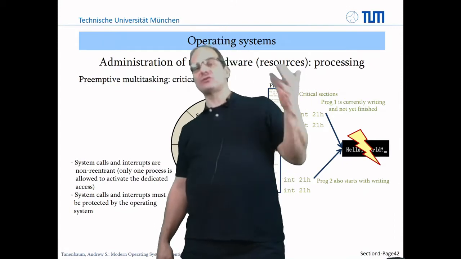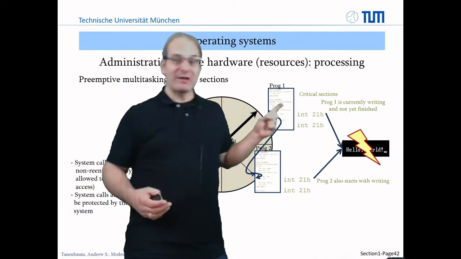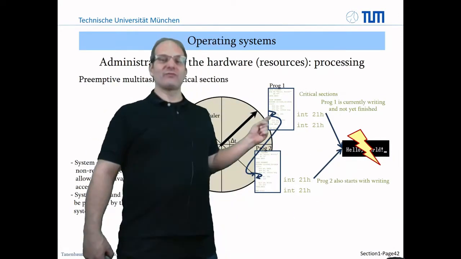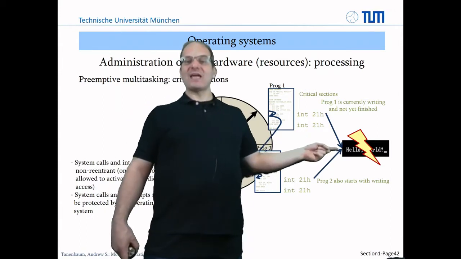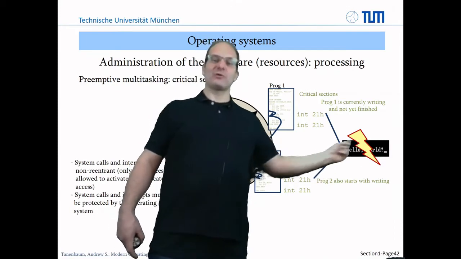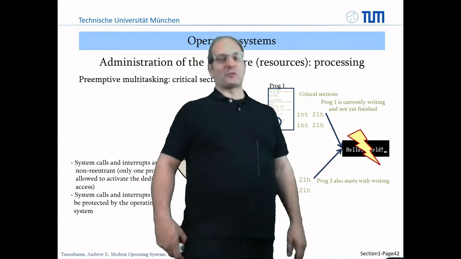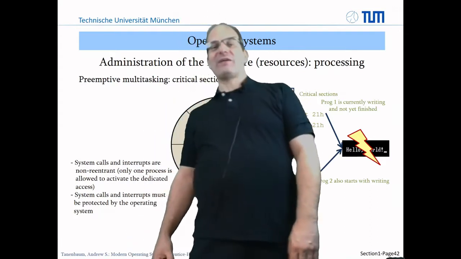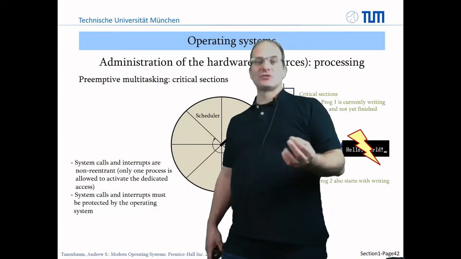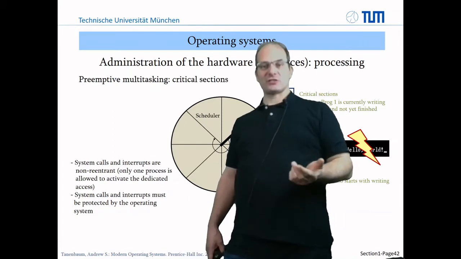Or if you want to write something to the monitor, for example, where two processes want to write hello world. If the first wrote the H and the second starts also, then you have the output of two programs as a mixture, which is critical. So you have to think about mechanisms to have atomic operations.